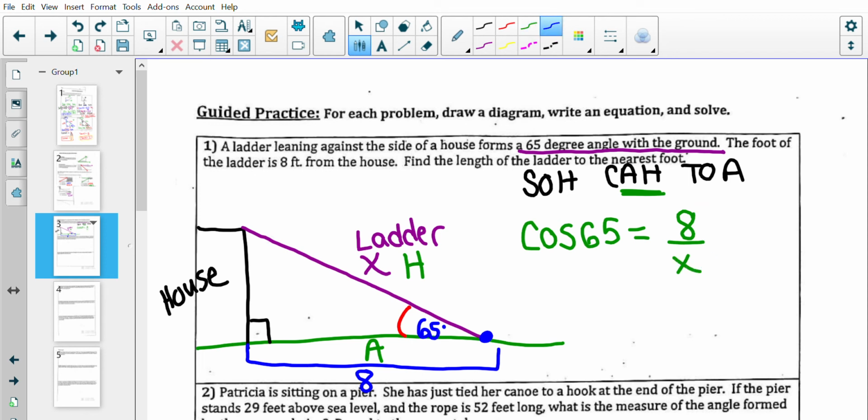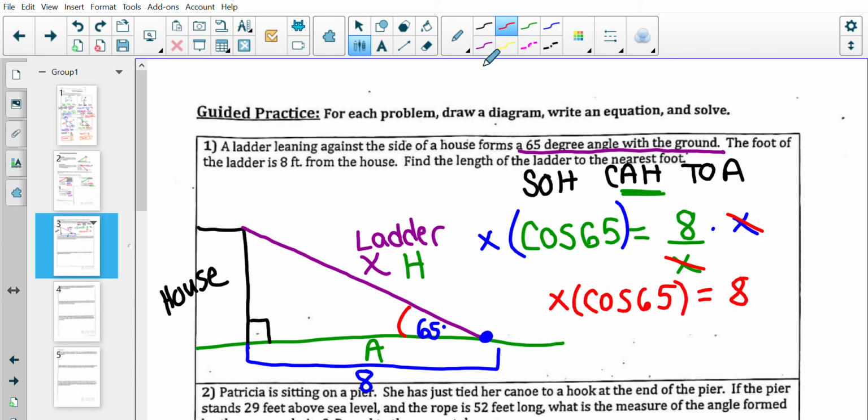When we come to solve this, we're going to multiply by X on both sides to get it out of the denominator. So now we have X times the cosine of 65 is equal to 8. Divide by cosine 65.